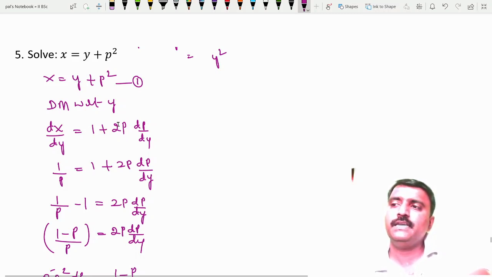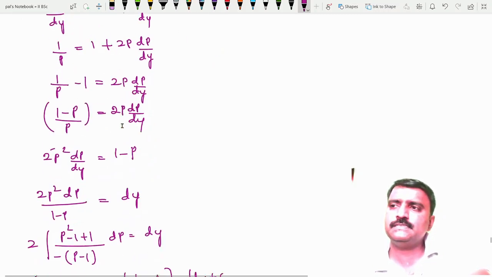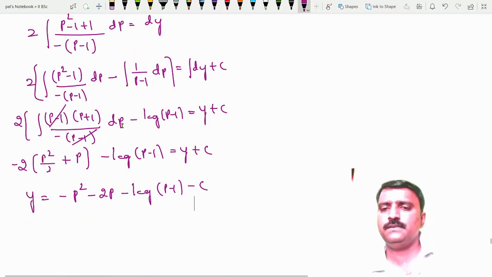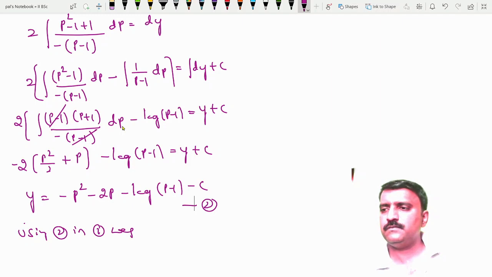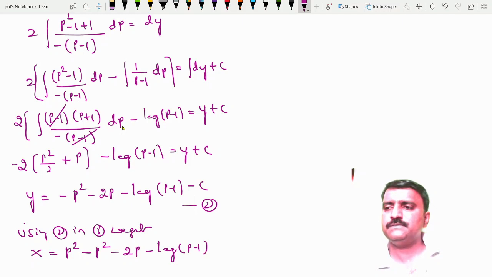Here, substitute this value of y in equation 1. Okay, an expression for x will come. So using 2 in 1, we get x is equal to p square plus y, so that is p square plus minus p square minus 2p minus log of p minus 1 minus c.